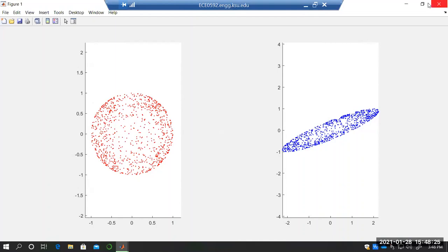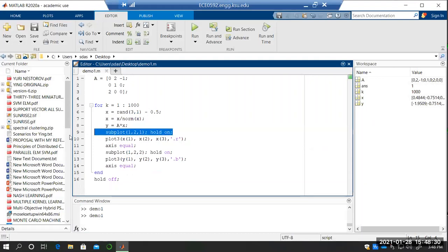Maybe what we can do is figure 1, if possible, and then figure 2. Maybe subplot the figure 2. Maybe you're right.